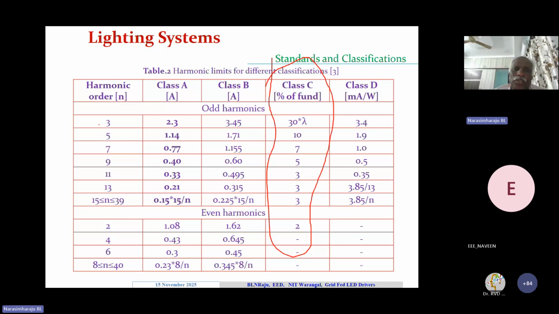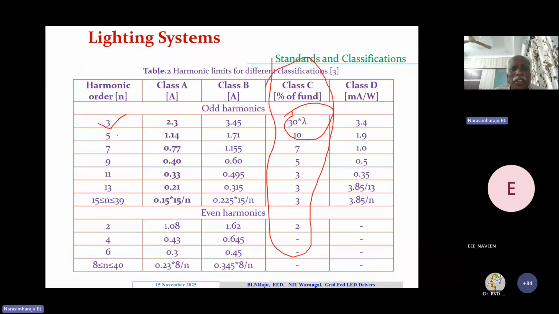Suppose a lower order, third order harmonic is present, the accepted level as per the class C standard for lighting applications is 30% of the fundamental component.